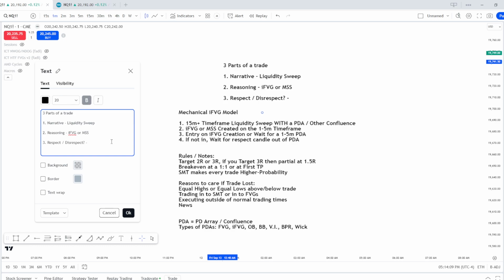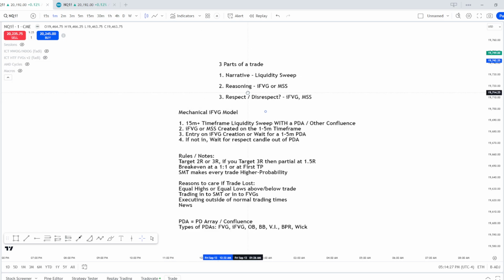The third is the respect or the disrespect of our side or the opposing side that we're trading against. That could be the same thing as the reasoning. It could be an inverse fair value gap getting created, or a market structure shift to our side of the market. It can be any of these things. That is essentially my three reasons to take a trade.